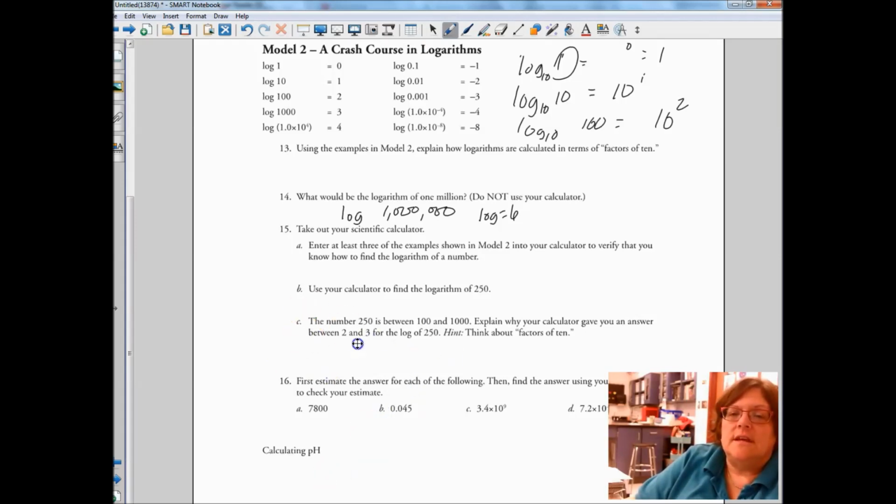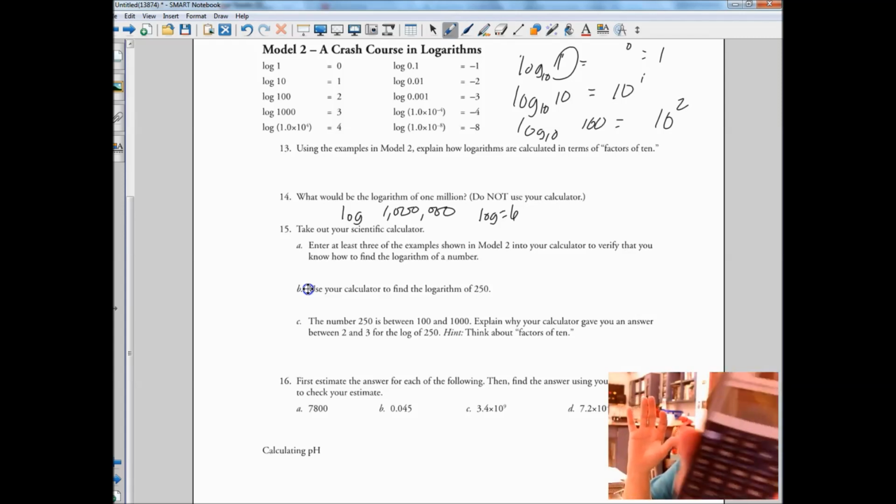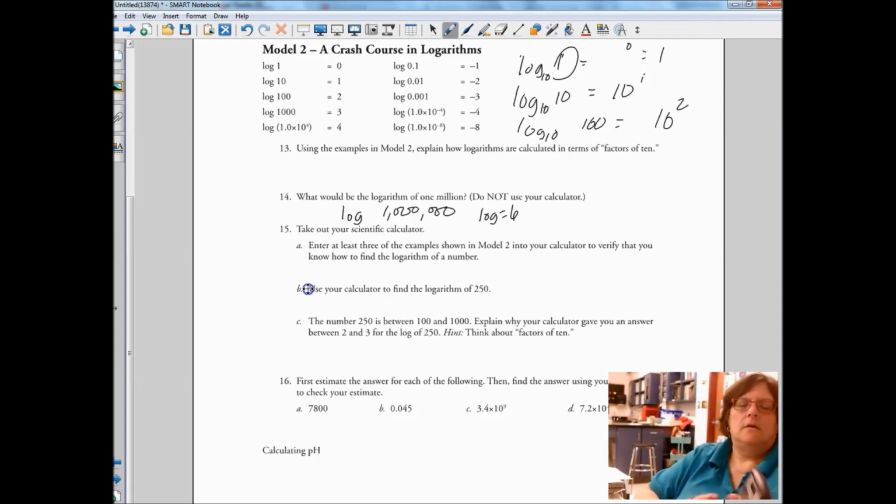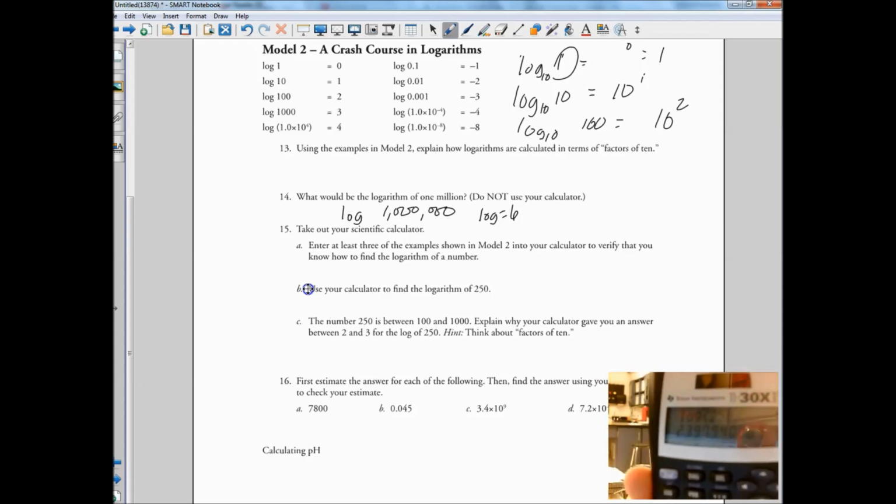Now, C, the number 250 is between 100 and 1,000. Okay? Explain why your calculator, let's do B first. Calculator to find the logarithm of 250. So, put in log 250. 2.39.